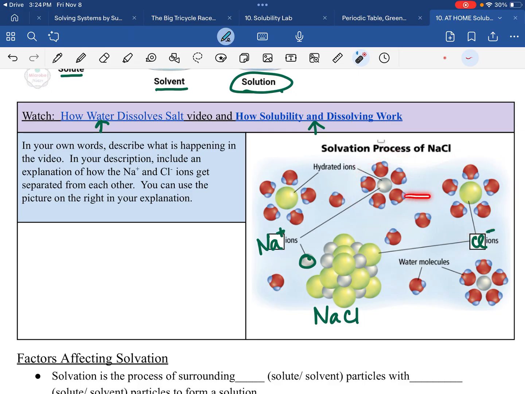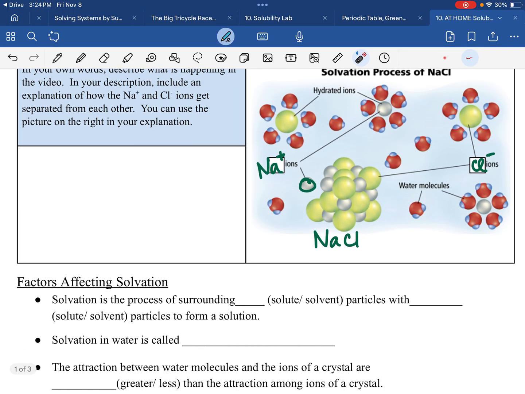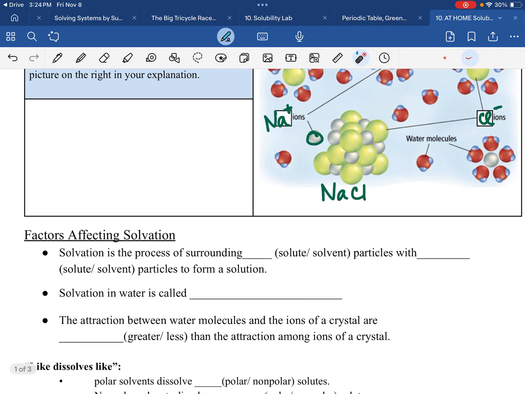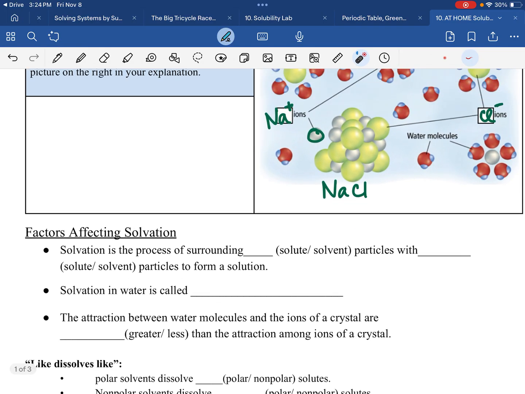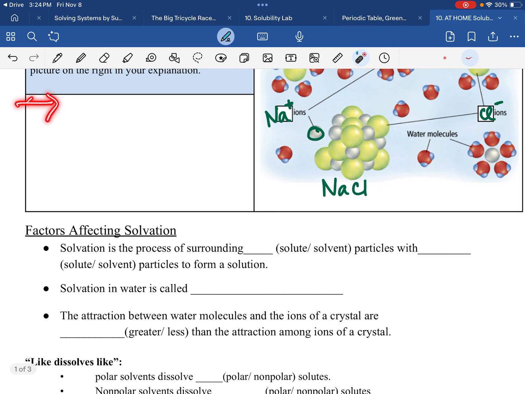So look at the two pictures, watch the videos, and see what is the difference between what they're doing when they surround a sodium ion versus a chloride ion. And in the surrounding of those ions, that is the dissolving of sodium chloride. It gets broken up because each ion gets surrounded by water. Okay, so you'll write in your own words your description of what's happening after you watch those videos.